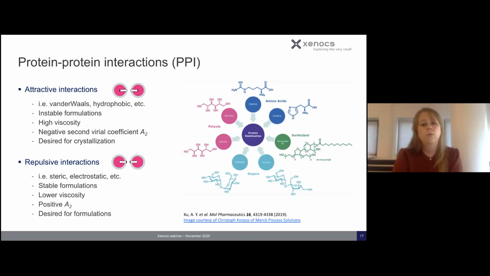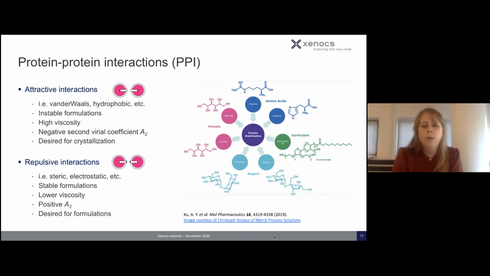So if you want to crystallize proteins, for example for protein crystallography, you will be going after this negative second virial coefficient. On the other hand, repulsive interactions, such as, for example, steric or electrostatic interactions, result in stable formulations, often with lower viscosities and characterized by a positive second virial coefficient.